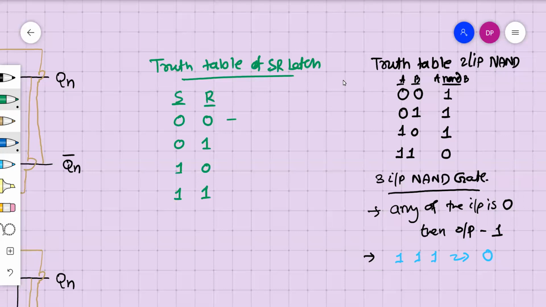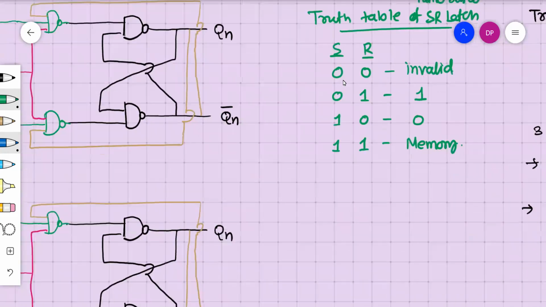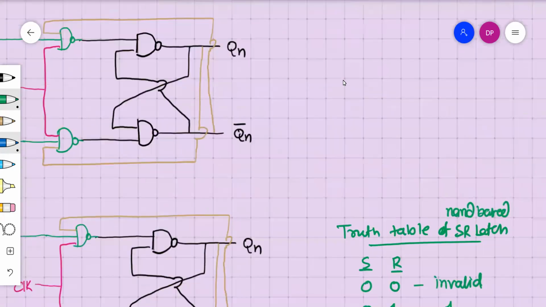When S and R are 0, it is considered an invalid state, and when it was 0, 1, the output was 1. When S is 1, R is 0, the output was 0, and when both are 1, it acts as memory. So we will take this into consideration to make the truth table of the JK flip flop.